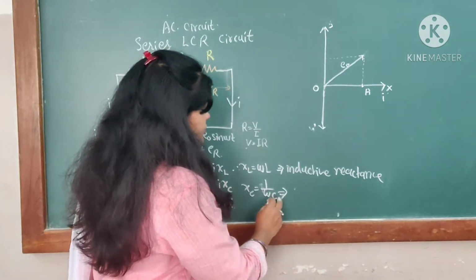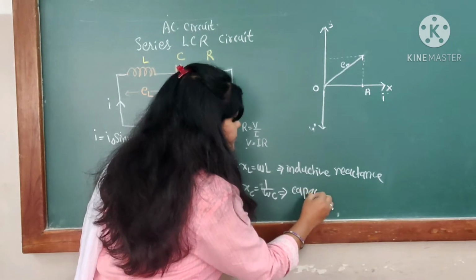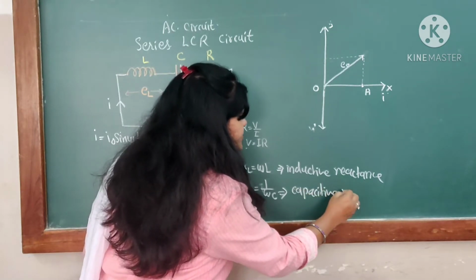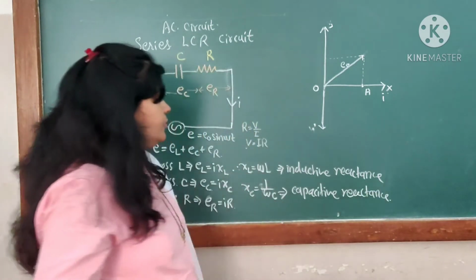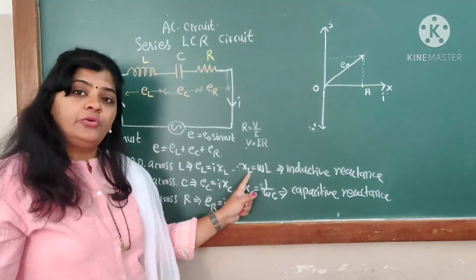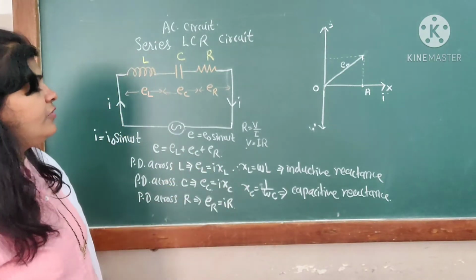Again, it is the opposition to the flow of the current. Two reactances are there, inductive reactance and capacitive reactance. Like that, we can write the formulas for them.